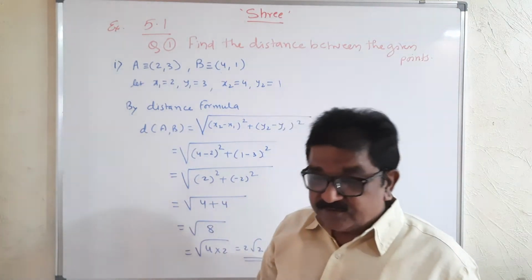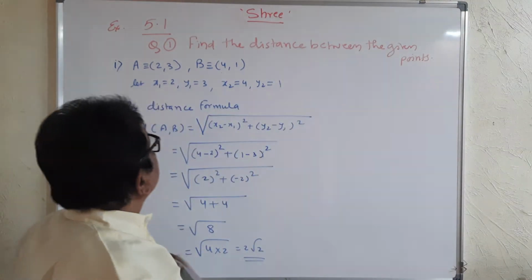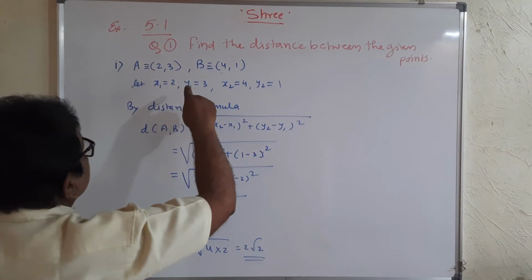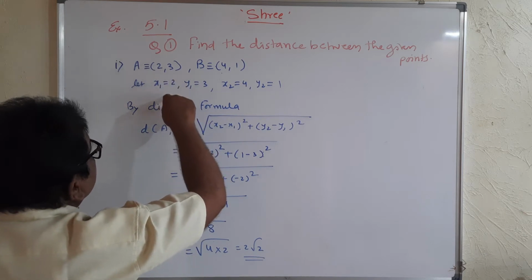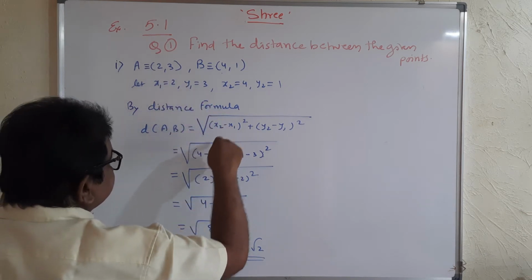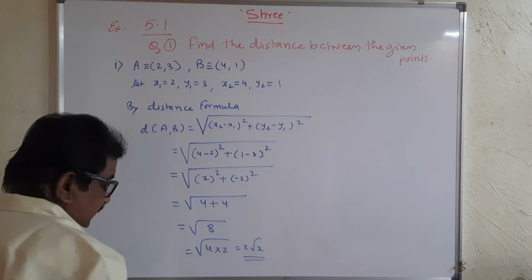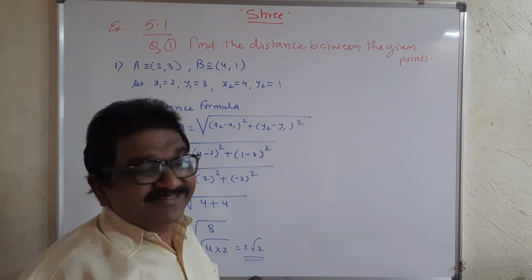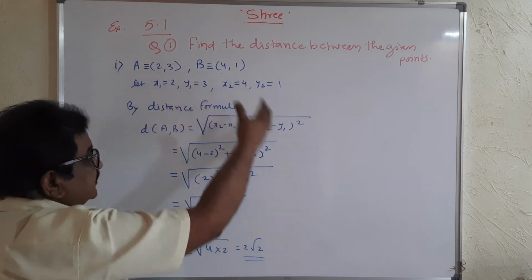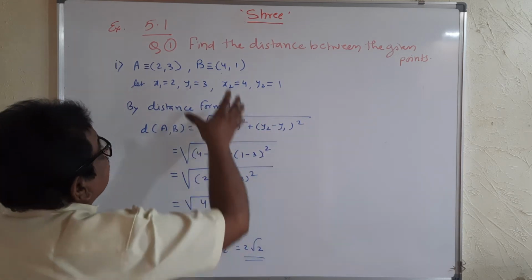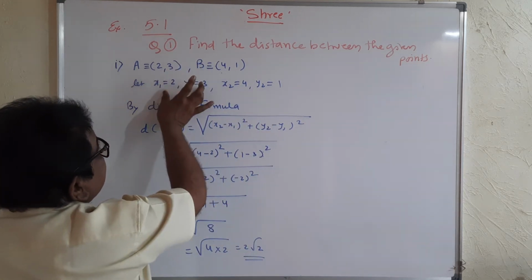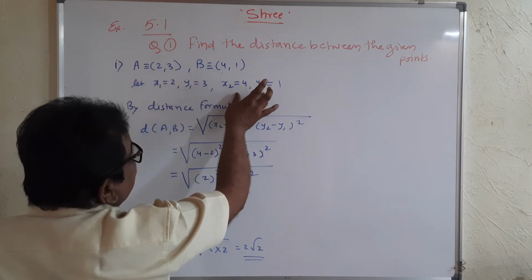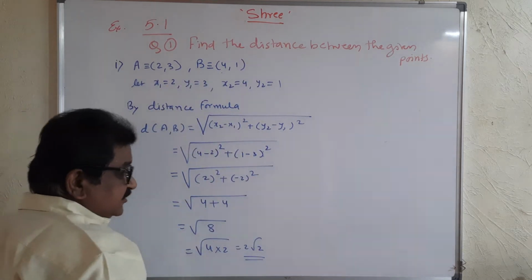Sorry for using the wrong value. It is 2. Yeah, thank you, it happens. So this is the way we relate with x1, y1, we relate with x2, y2, and lastly the distance.